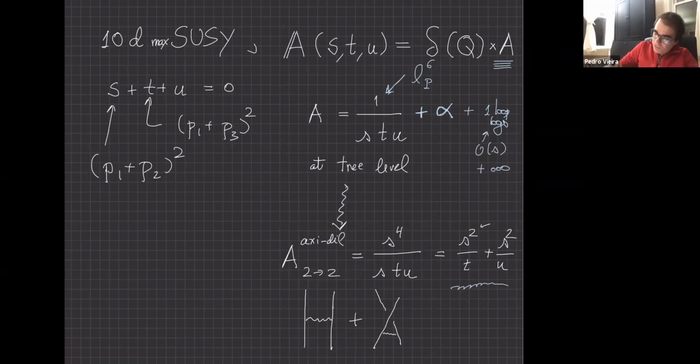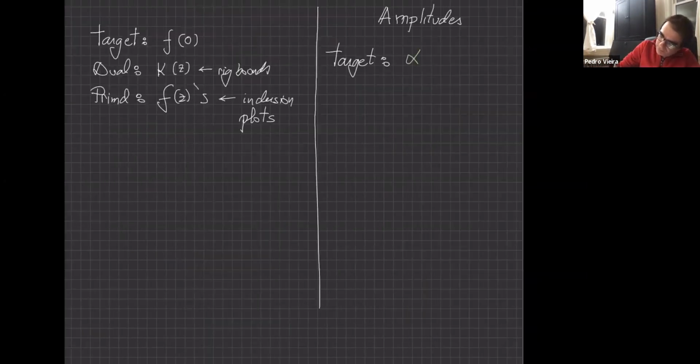Good. Now that we normalized L Planck to 1 for the first term, alpha is a great target. So our target is the first Wilson coefficient to the supergravity, correcting supergravity. The target will be alpha that shows up in our scattering amplitude. Our scattering amplitude is delta of Q over STU.